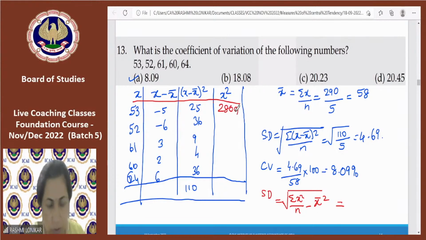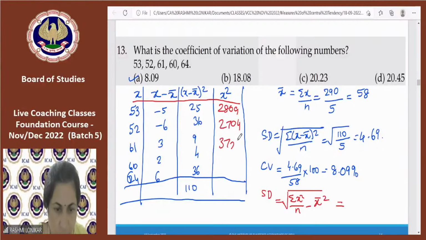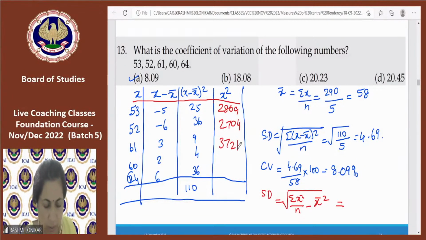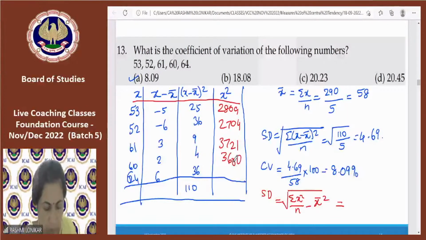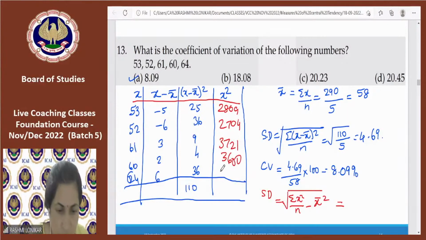Because there are two formulas, I want to show you that whichever formula you can remember, you can use that. 52 square is 2704. 61 square is 3721. 60 square is 3600. And 64 square is 4096. Okay.